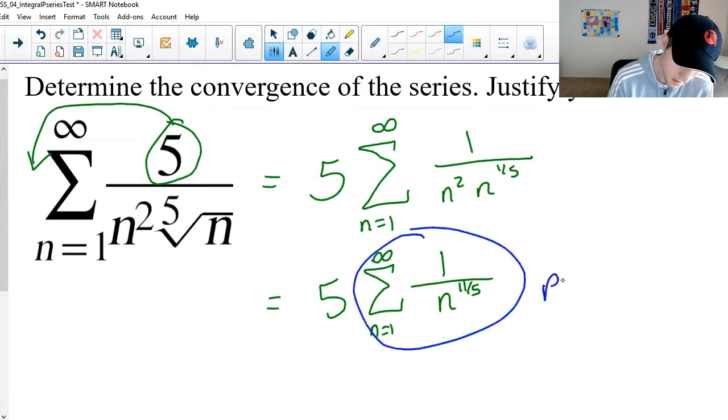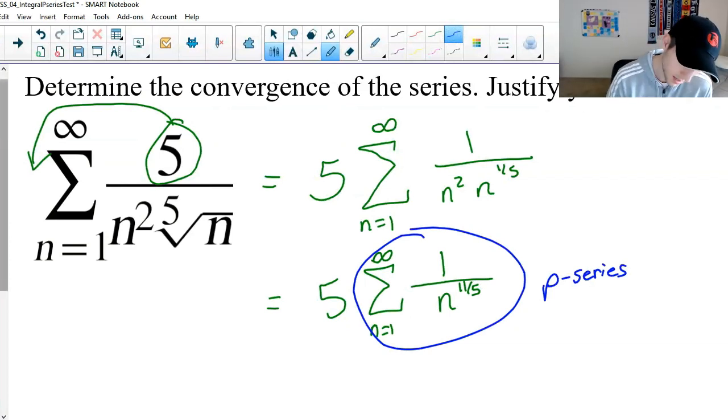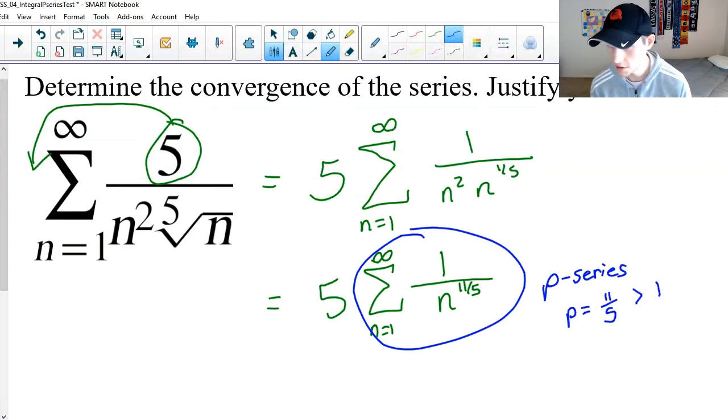11/5. So this is a P series, and in this case, the value of P is 11/5, which is greater than 1.